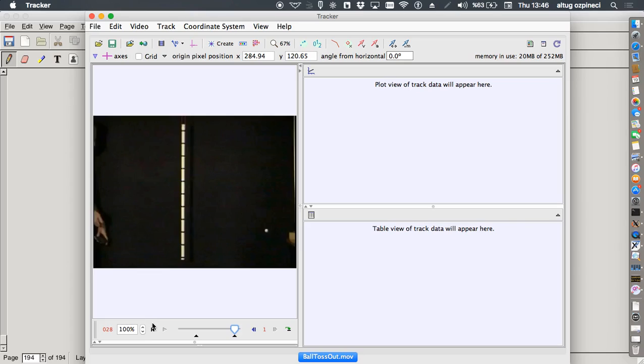You just throw it at an angle with some speed. And we already know that at least theoretically it should follow a parabola. That is what we had already studied theoretically. Now let's do the experiment, whether it is actually a parabola or not.